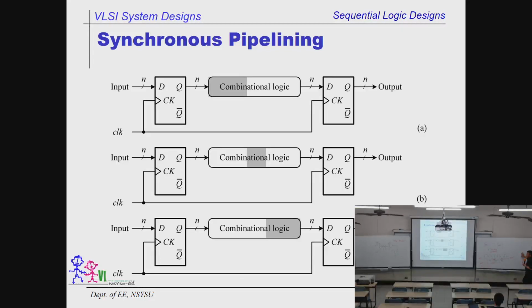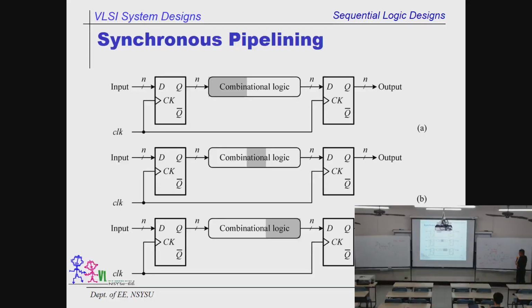You will see a lot of pipelining operation in life. In a lot of factories, they use a pipelining procedure to speed up. These are called the processing elements, or station processing elements.